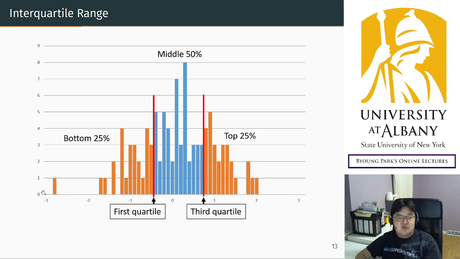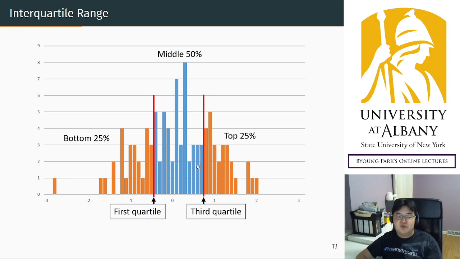Graphically, this was our previous simulated data, and because of this outlier, this caused some distortion in the range. But now I'm going to drop bottom 25%. So bottom 25% dropped, top 25% dropped, and then the remaining is the middle 50%.